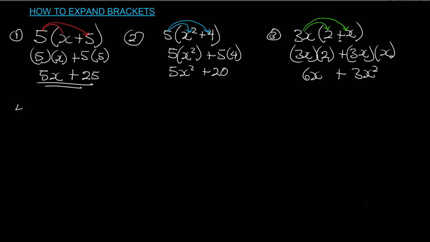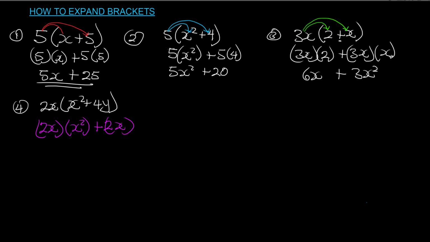And the fourth example, 2x (x squared plus 4y). And this, we do the same thing. We multiply 2x by x squared plus 2x by 4y.